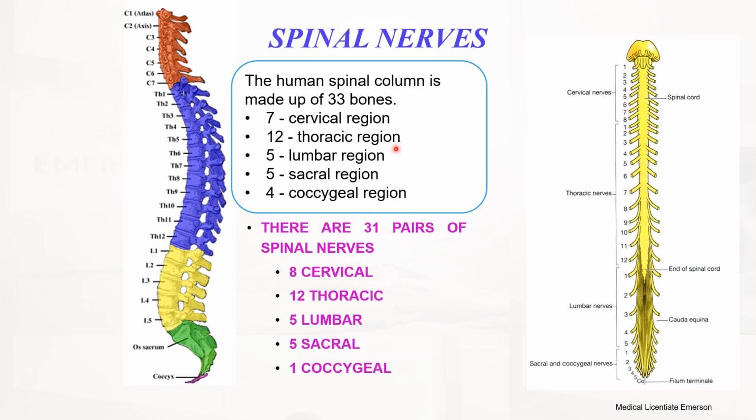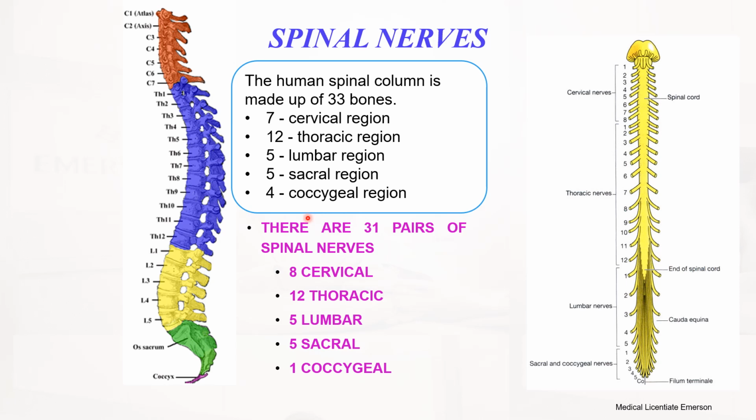Okay. So let's do a recap with our spinal nerves. So if you remember correctly, we said the human spinal column is made up of the three bones. So you have seven cervical regions, you have the 12 thoracic region, you have five lumbar region, the five sacral region, and the four coccygeal regions. And the coccygeal region, of course, depends again on the human body because there are some that change, but the range is 3 to 5.